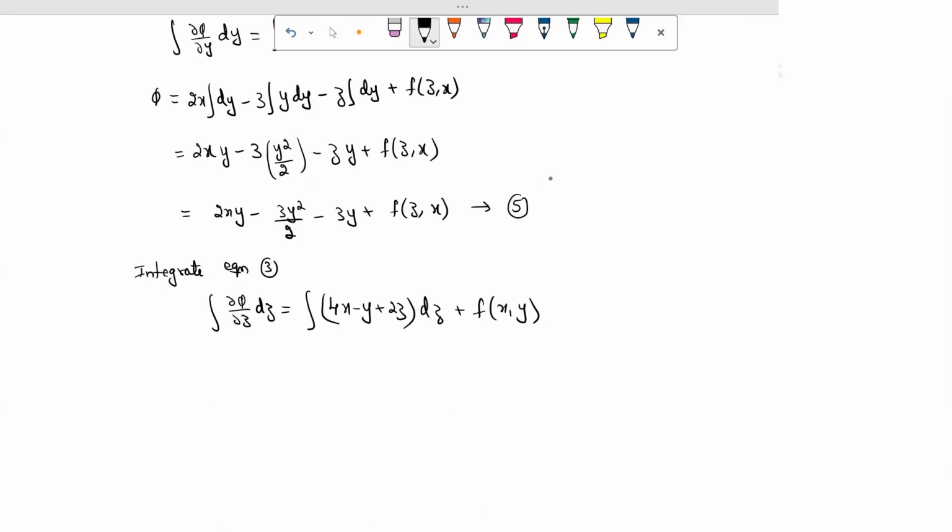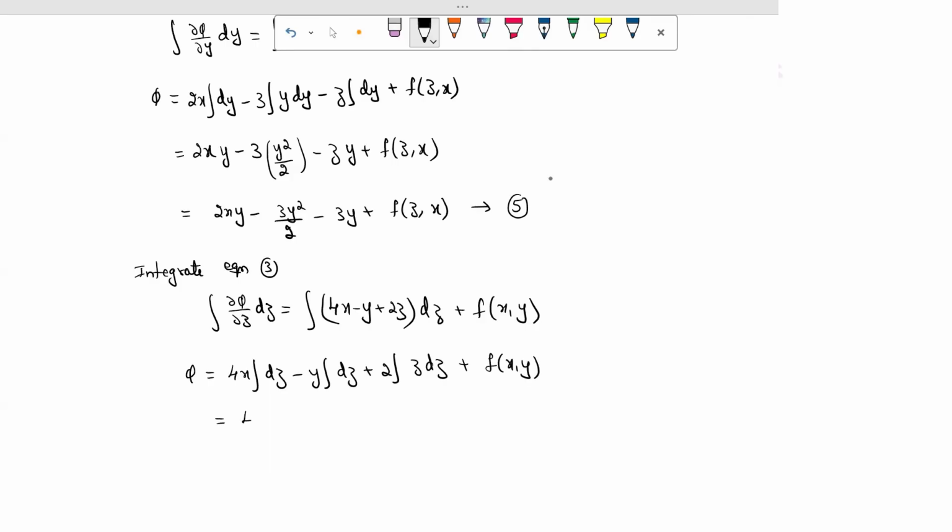So φ equals, here 4x is a constant, so we get the integral of dz. y is a constant, so we get the integral of dz. Plus 2 is a constant, times the integral of z dz. Plus a function of x comma y.